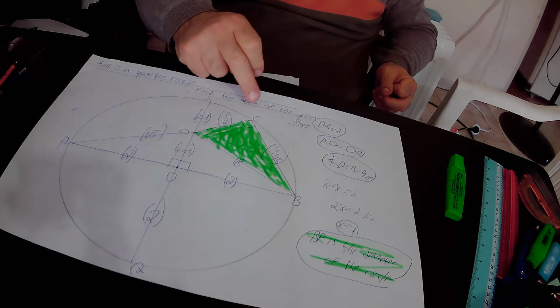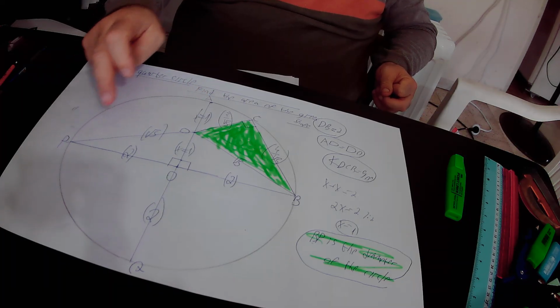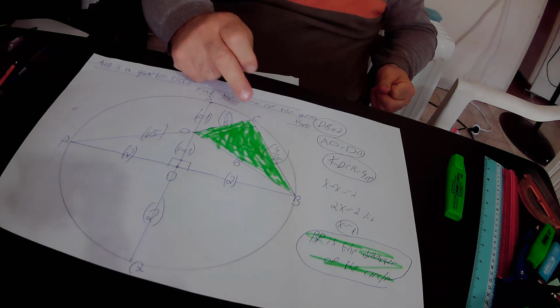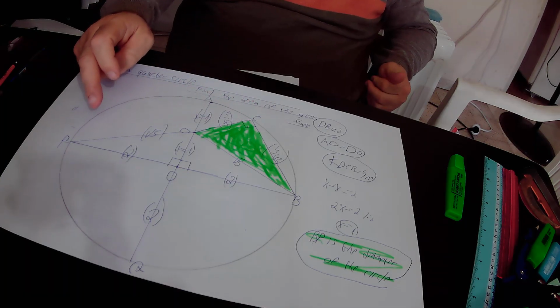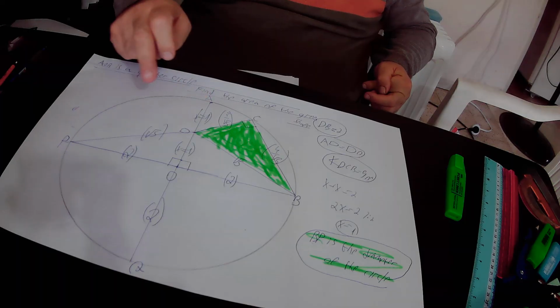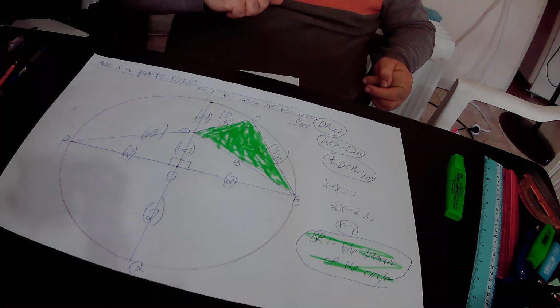In order to avoid contradiction to rule 5, the extended side CD must touch the circle at point P and only at point P. Okay.